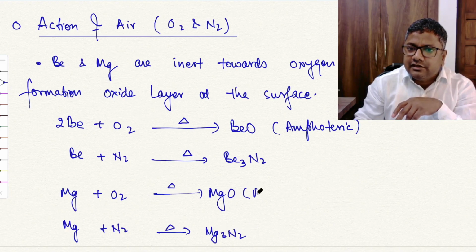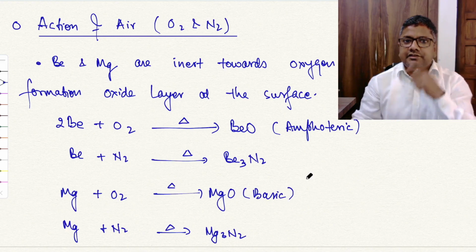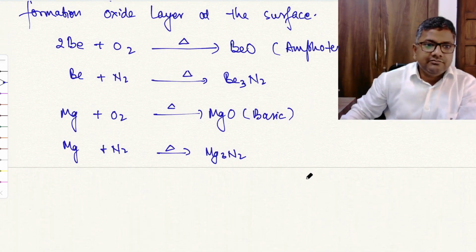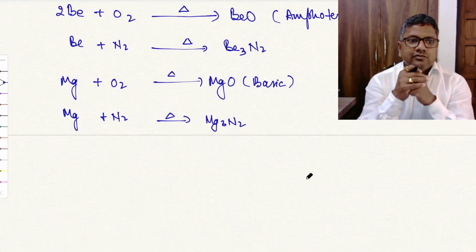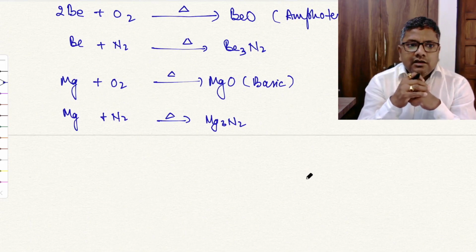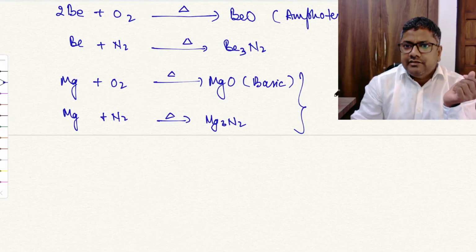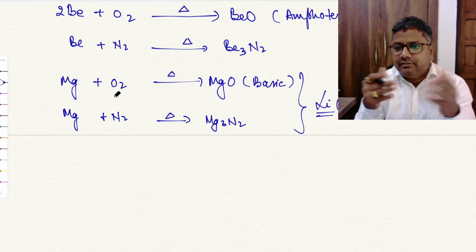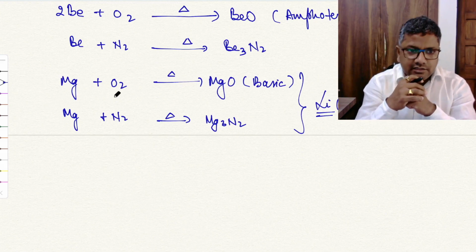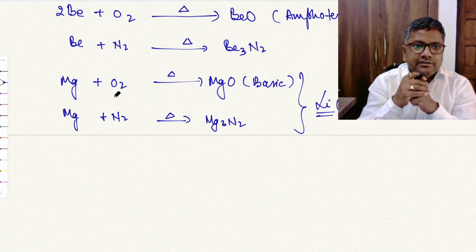And this is a basic oxide, not amphoteric. So beryllium and magnesium show a similar property with lithium also, because we have this same reaction with lithium. As you know, lithium and magnesium have a diagonal relationship, right?